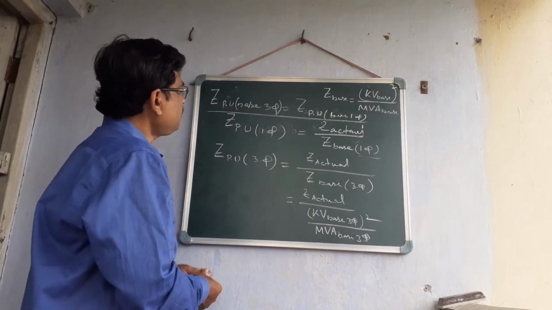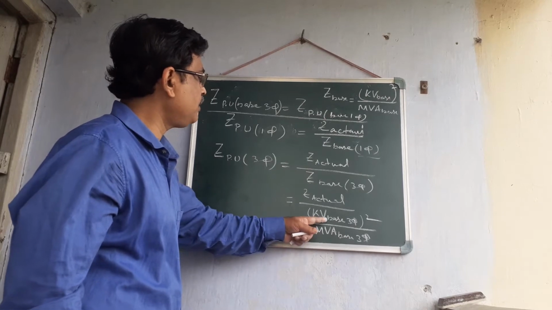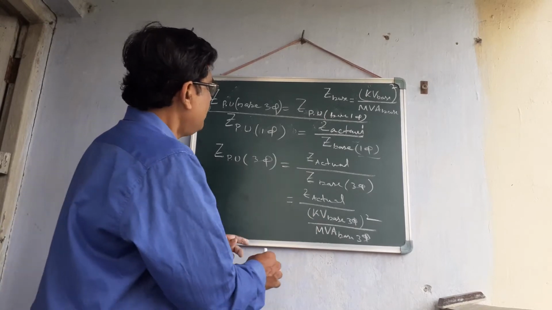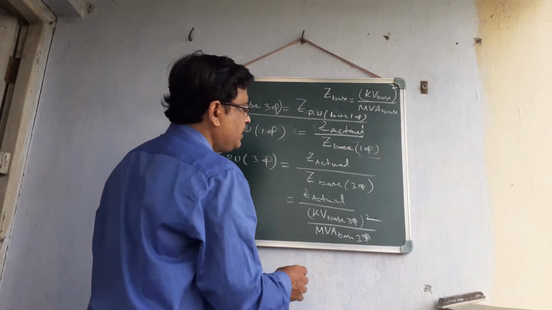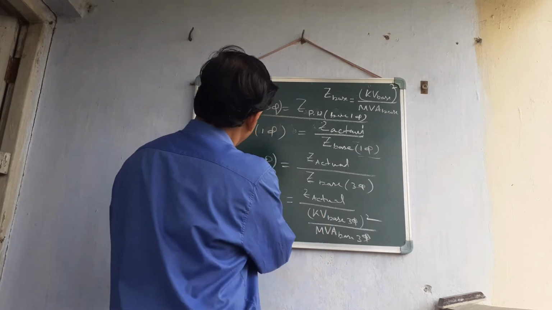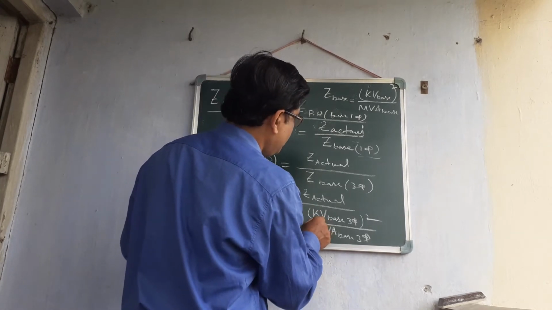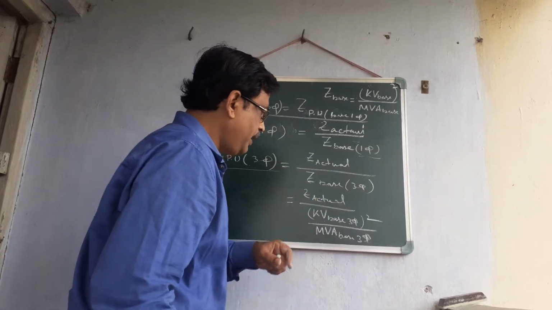Now this MVA base three phase system in kV base three phase, that means we can convert it. kV base three phase system means VL.